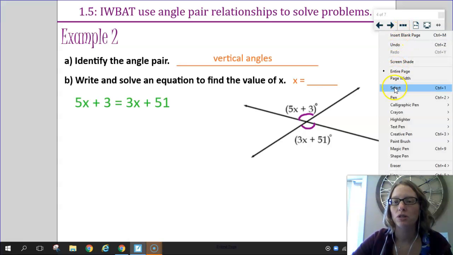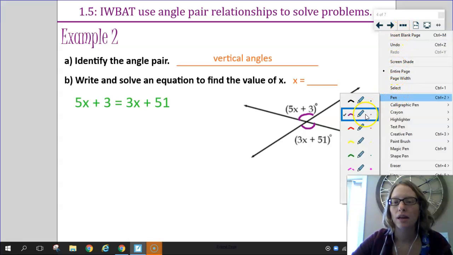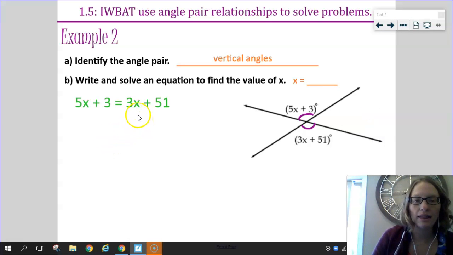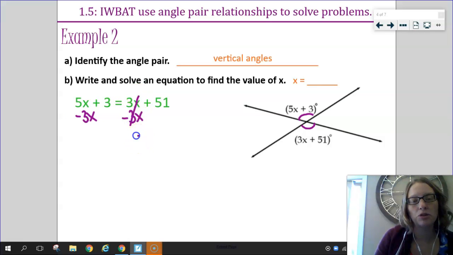Now, all we need to do to solve for x is get x alone. I like to keep my x's positive, so I'm going to subtract 3x from both sides. On the right side, that'll cancel, and I'm just left with 51 equals, on the left side of my equal sign, 5x minus 3x is 2x, plus 3 equals 51.